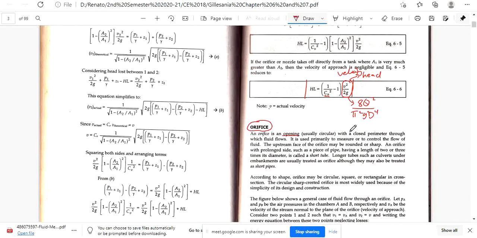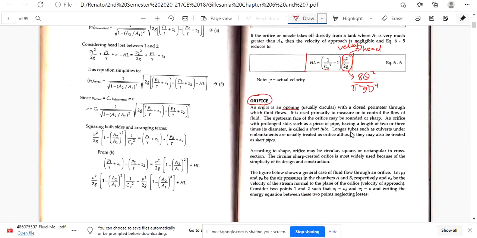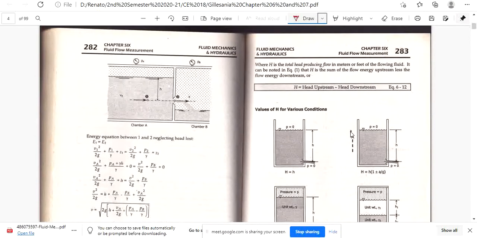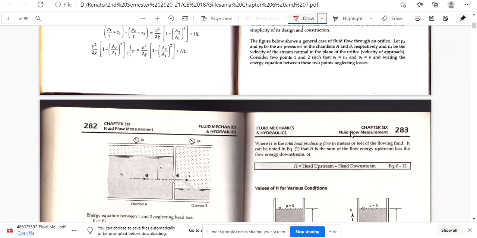Usually circular, but not necessarily; it can be square, triangular, etc. Usually it is circular to maximize the area and at the same time to lessen the friction losses at the opening. There will be larger losses if there is a sharp edge, so it is usually circular. So, what are examples of an orifice? Like the one where the tears come out of the eye. That is a small opening. Basically any small opening.